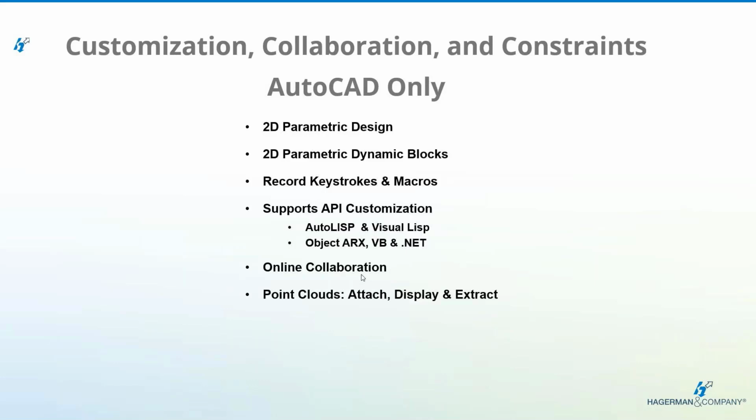Visual Lisp is kind of a programming environment, so you can go in there and create, modify, run, and debug your Lisp routines. It's a nice little environment for programming. As far as ObjectARX, that's basically object-oriented C++, C#, VB, and .NET, all of which can be used within AutoCAD.